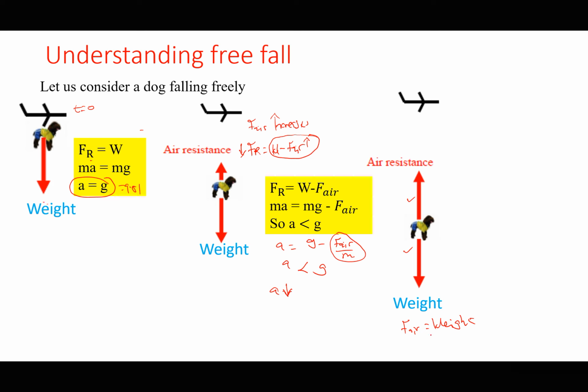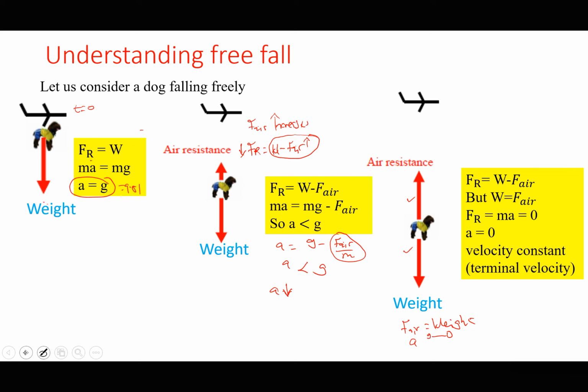And if the resultant force is 0, it means the acceleration is no longer going to be equal to g or less than g, but simply 0. So we say that the acceleration has decreased from g to 0. And when the acceleration is 0, for a body which was initially moving, we say that the velocity has remained constant. And that velocity is what we call terminal velocity in dynamics.